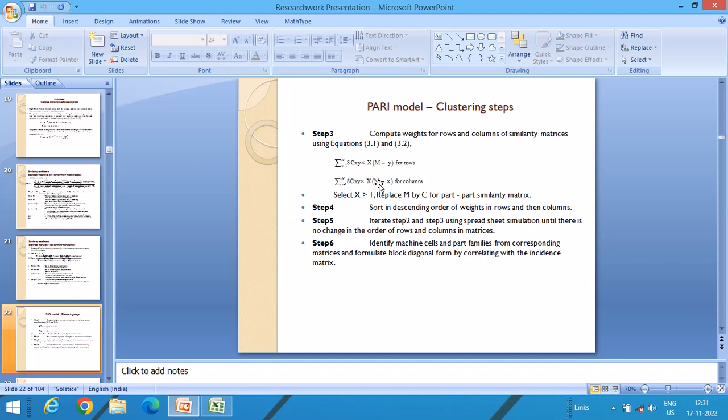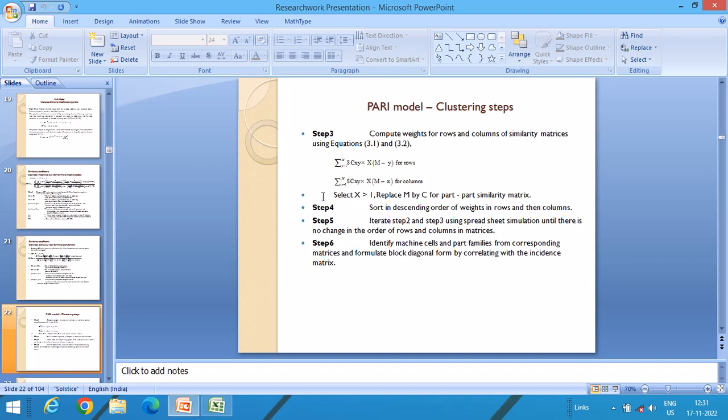For columns, the similarity coefficient value is multiplied with the arbitrary index power m minus x. Here the arbitrary value x is considered as 1 or more than 1.